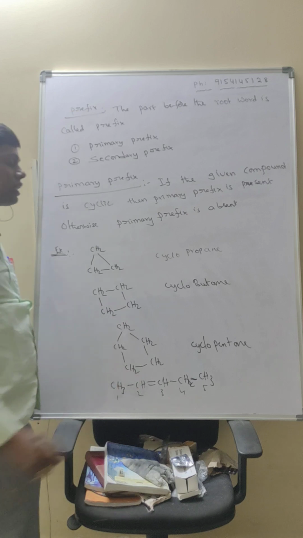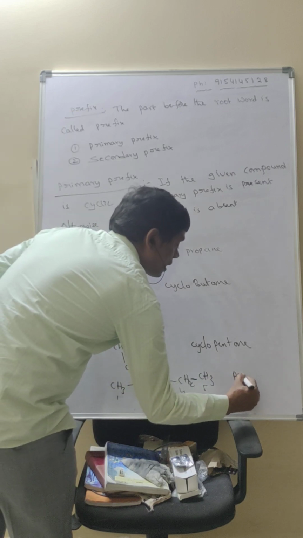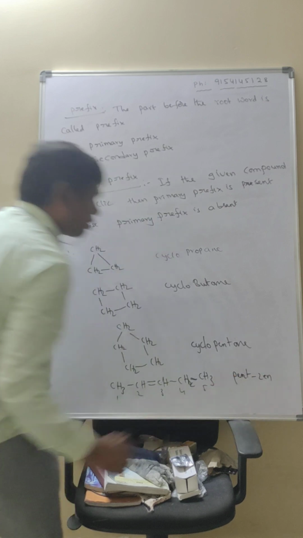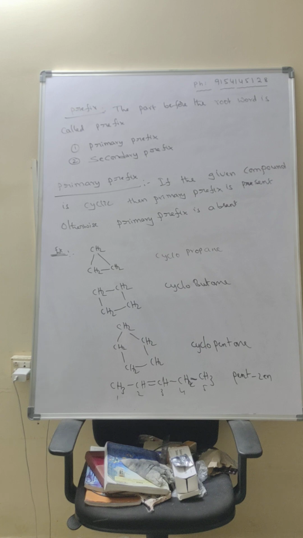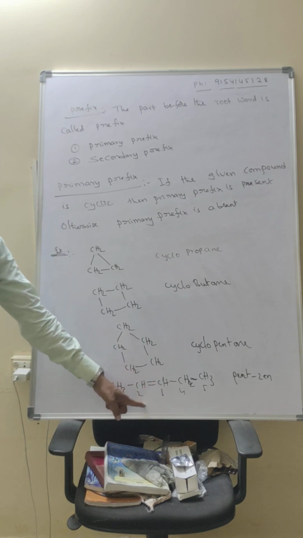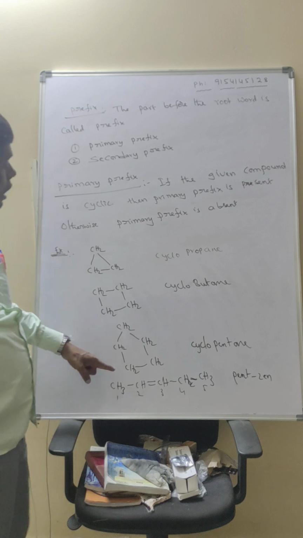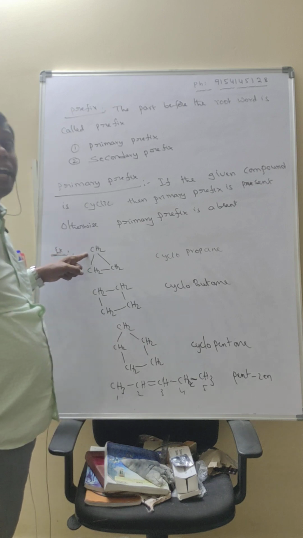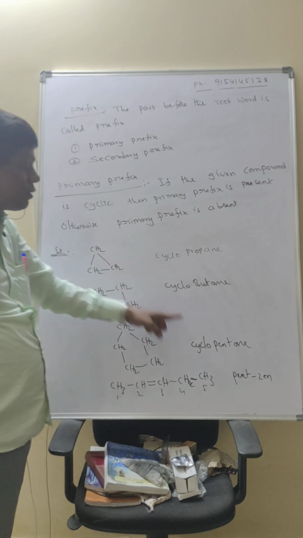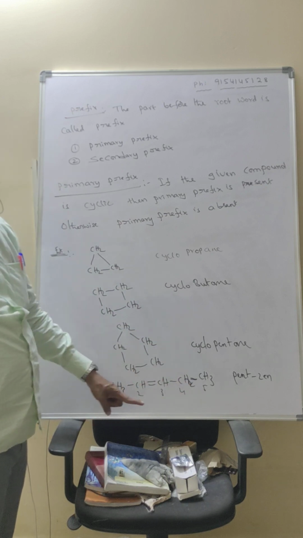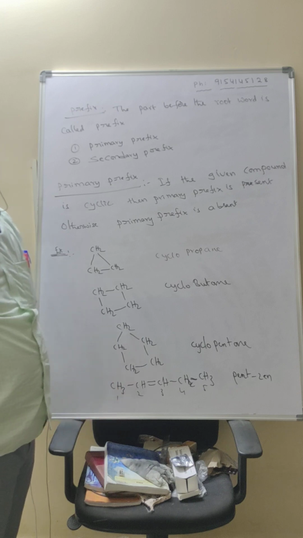At second carbon unsaturation is there: pent-2-ene. But this is not a cyclic compound, this is an open chain. Open chain means primary prefix is absent. If the given compound is a closed chain or ring compound, primary prefix is present.